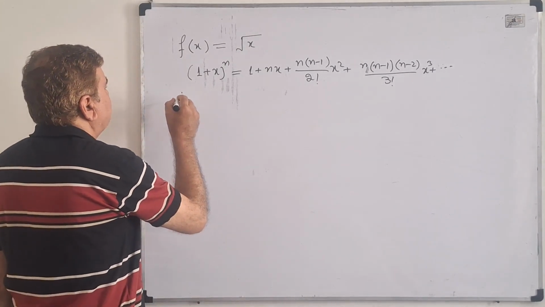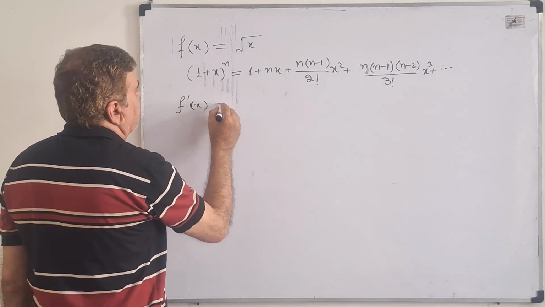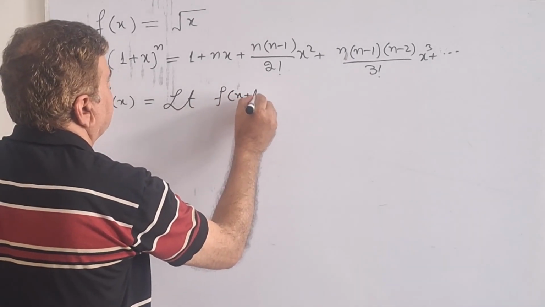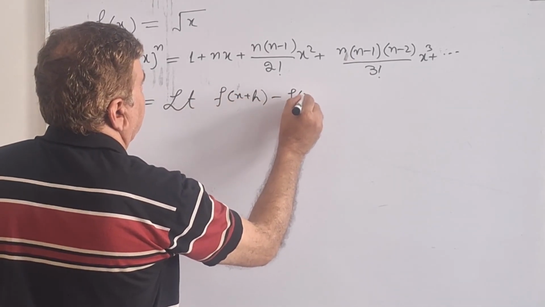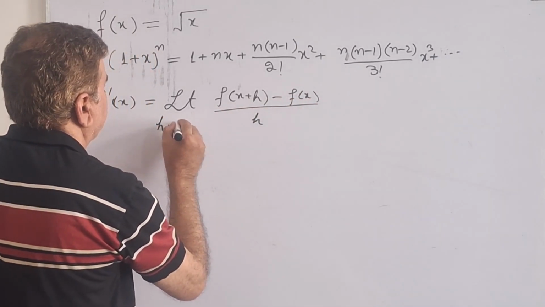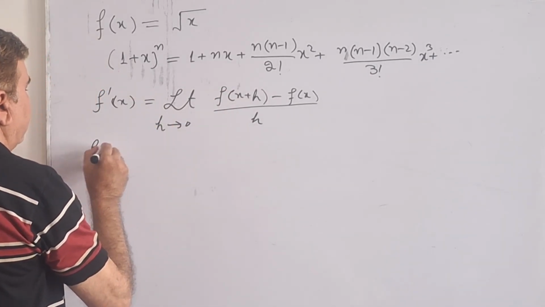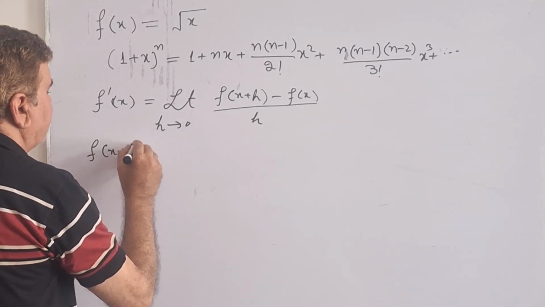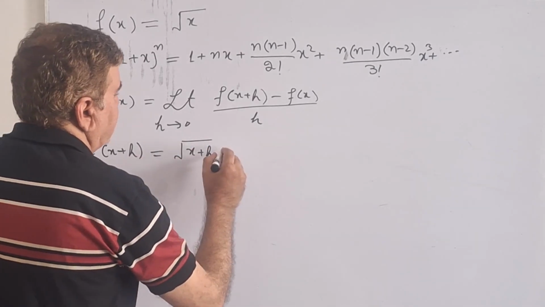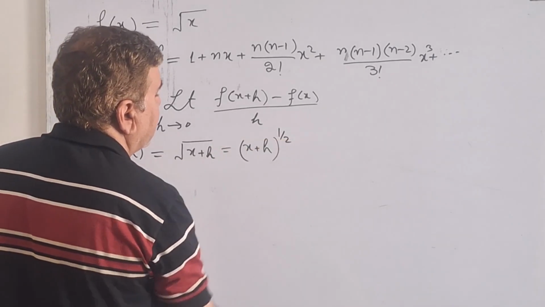So we know that the derivative can be written as f prime of x equals limit of f of x plus h minus f of x divided by h, where h tends to 0. In order to construct this part, we need to write f of x plus h equals square root of x plus h, which is equal to (x plus h) power half.